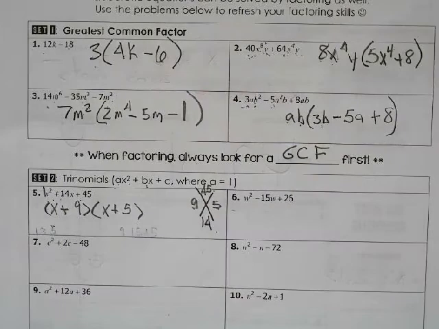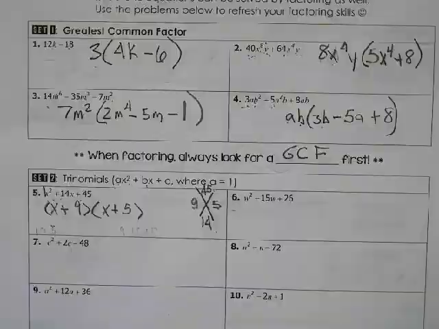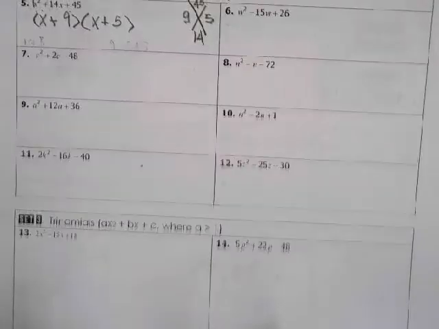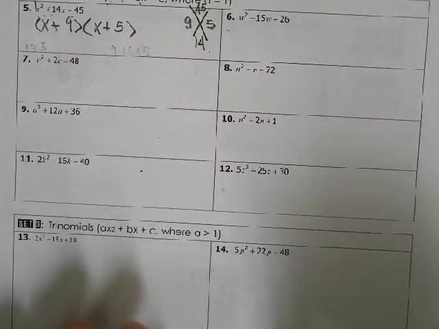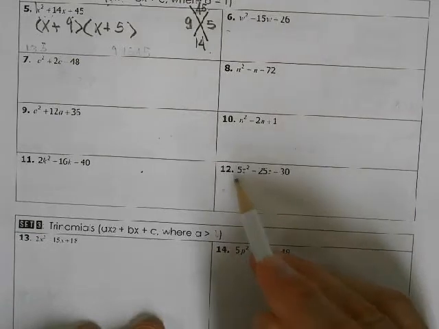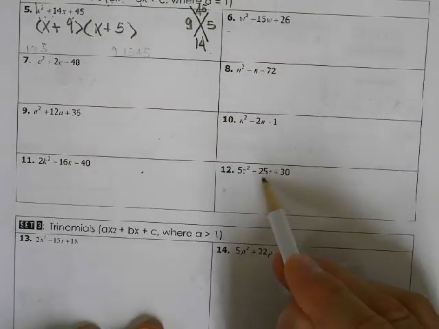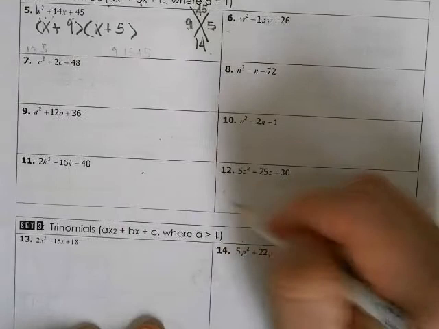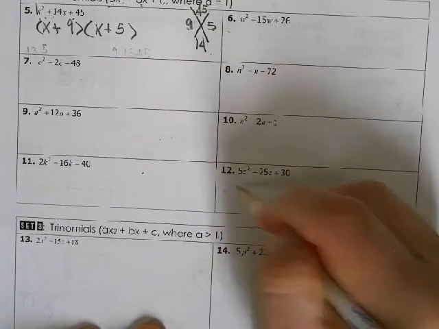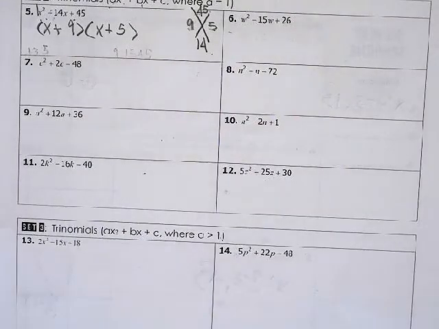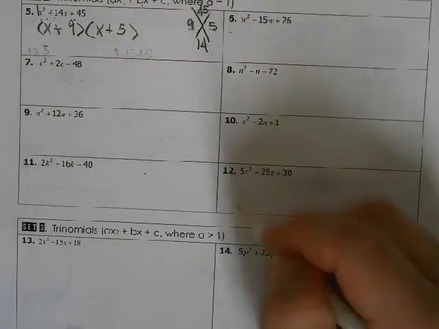Pretty basic factoring. Let's find one that might be a little harder. Let's go to the last one here. 5z squared minus 25z plus 30. Is there a greatest common factor? 5, right?